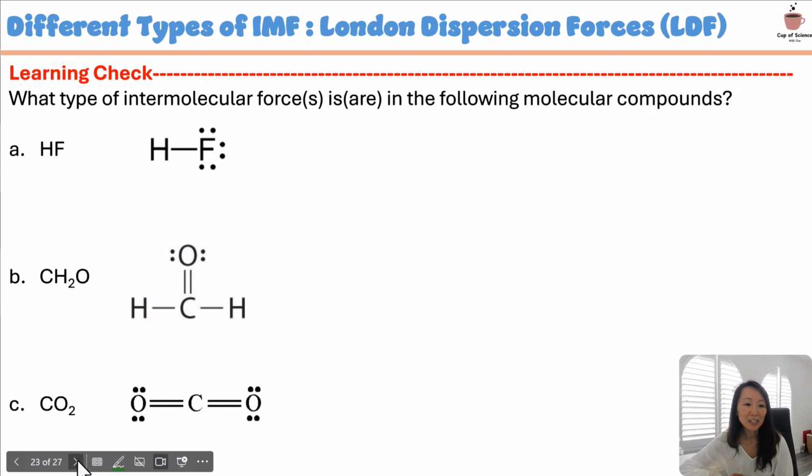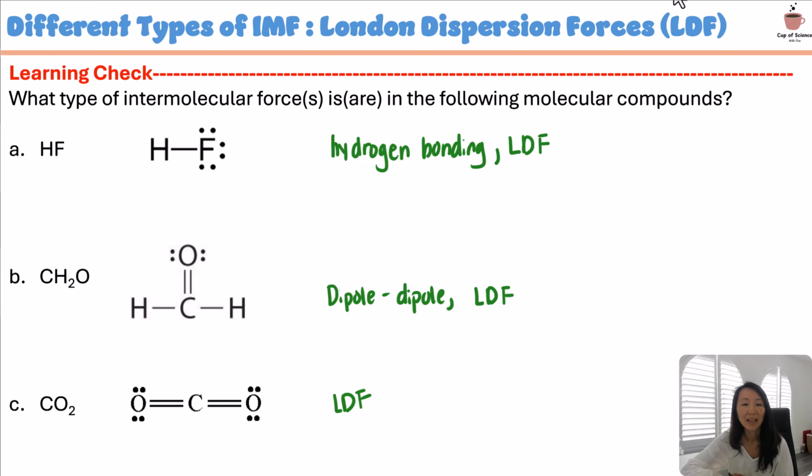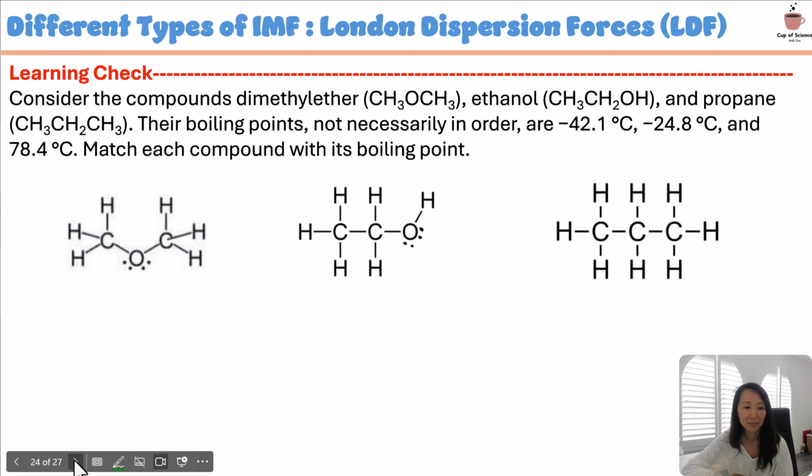You're going to determine what type of intermolecular forces is or are in the following molecules. Try this and come back and check. And here is the key. Next one, consider the compounds dimethyl ether, that's this one, ethanol, that's this one, and propane.